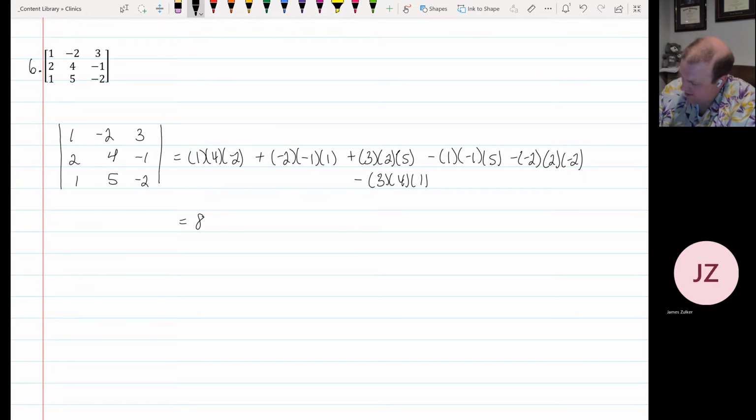That's 8 plus 2 plus 30 minus -5 minus 8 minus 12. So we get a determinant of 9.